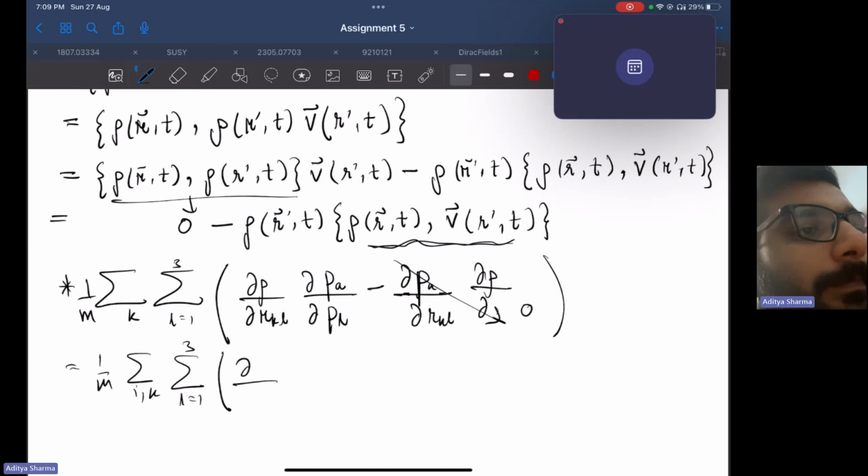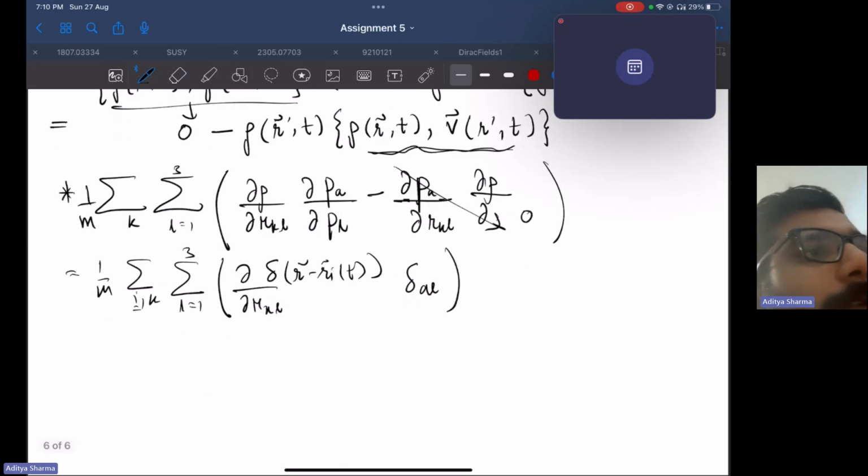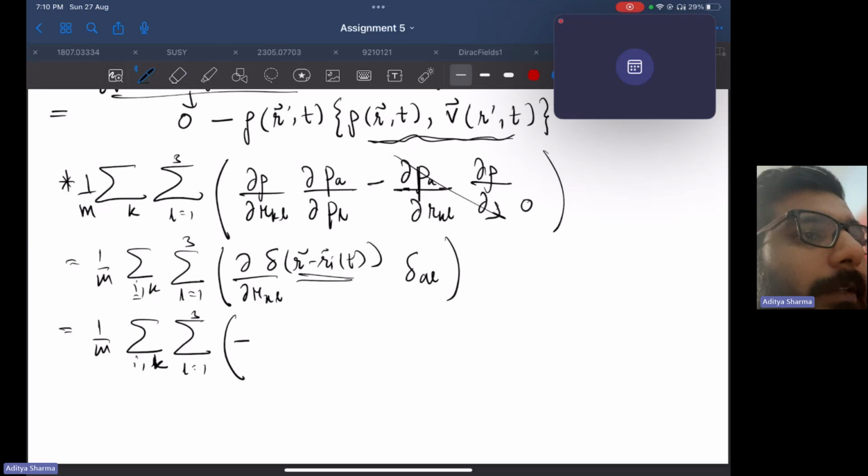Rho is some, and this is P A P L is there. You get a minus sign from differentiating this, and you will get a Dirac delta of T equal to R.